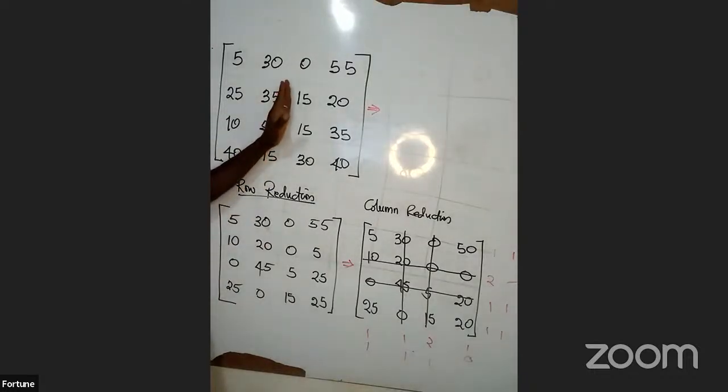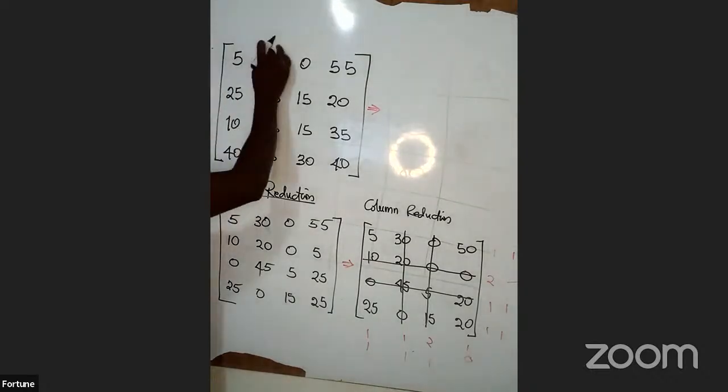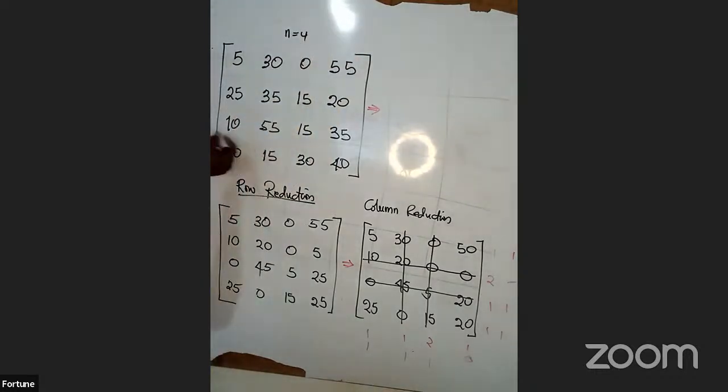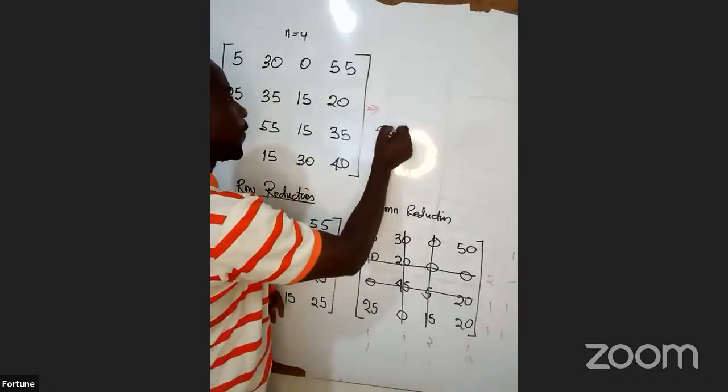What is the dimension of the matrix we have here? This matrix is 1, 2, 3, 4 rows, and 1, 2, 3, 4 columns. So it's a 4 by 4 matrix.